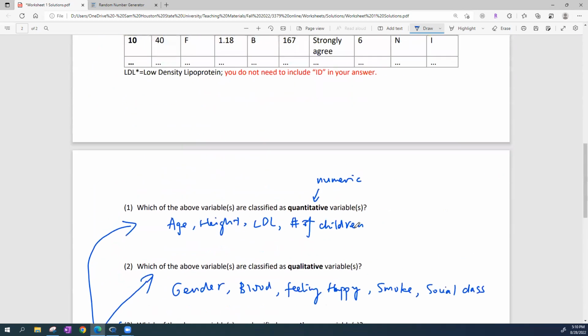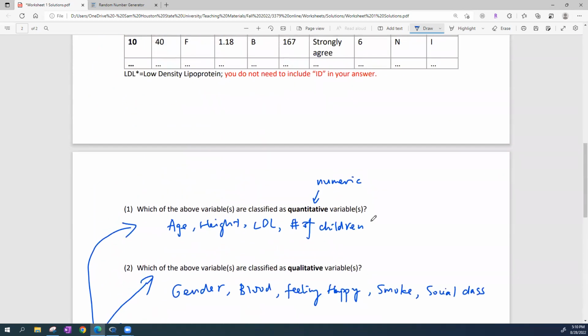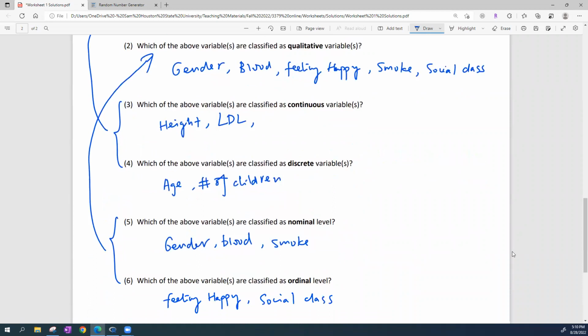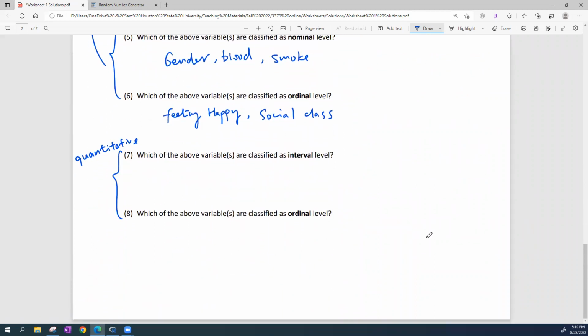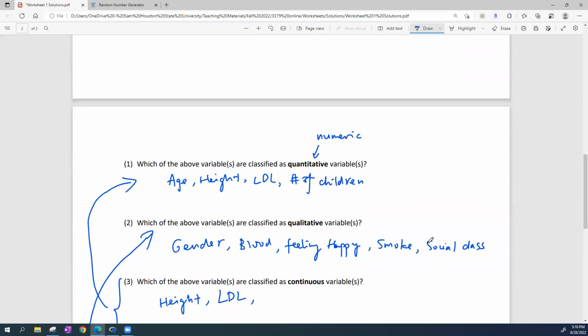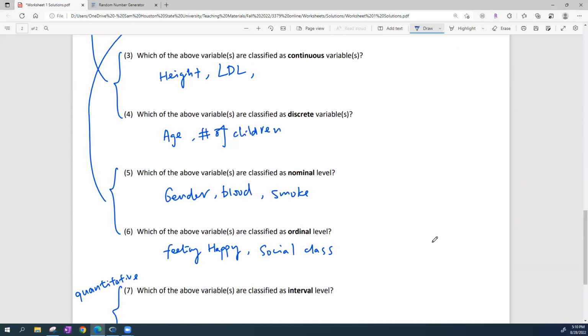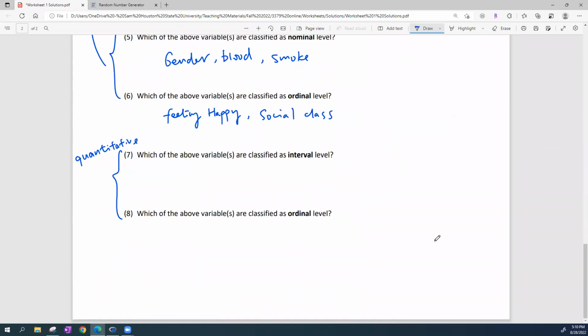Then again, we look at the answers from question 1, quantitative variables. So what about age? Do we have a true zero? That's not ordinal, that's a typo, that's ratio.